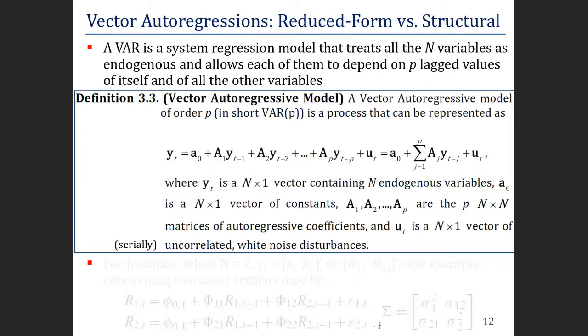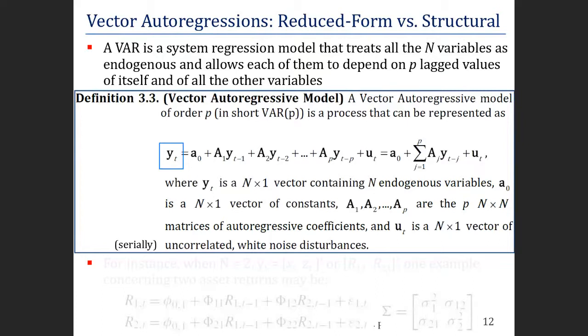Notice that the matrices Aj have to be n by n matrices, because if you take an n by n matrix Aj and you multiply by a vector Yt minus j, which is n by 1, n by n times n by 1 gives you n by 1, which is the right size, because the vector on the left-hand side, Yt, is of dimension n by 1.